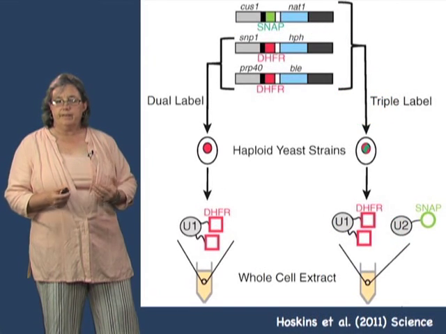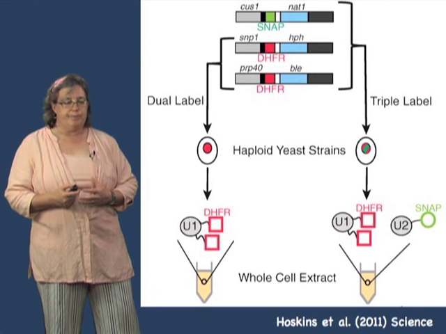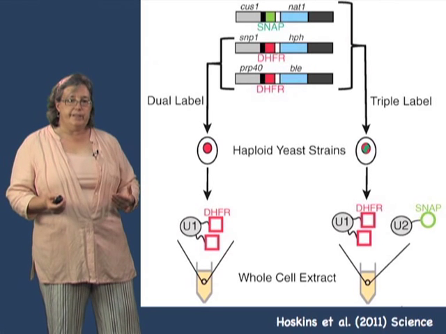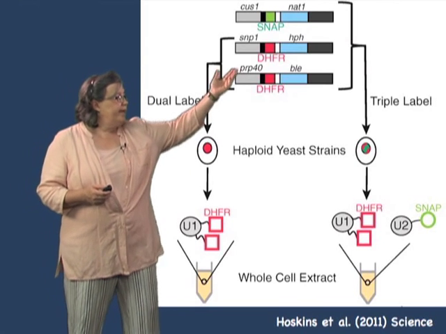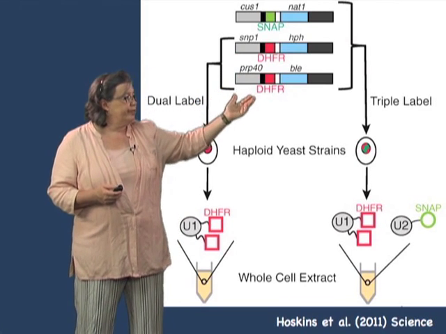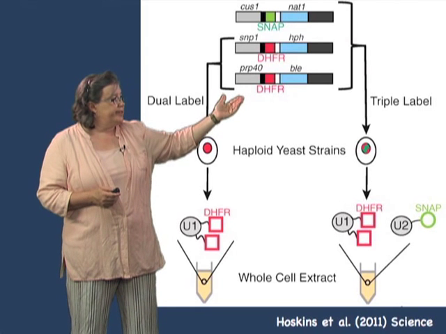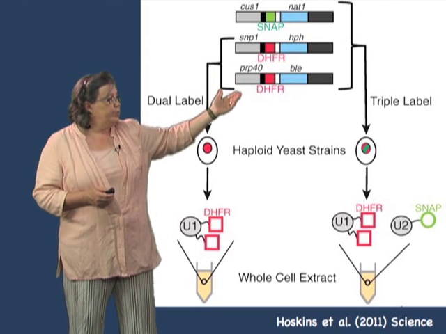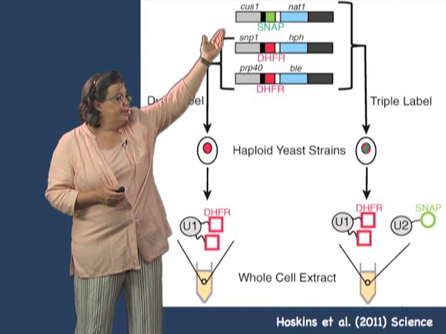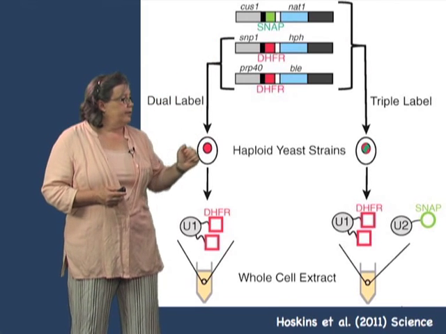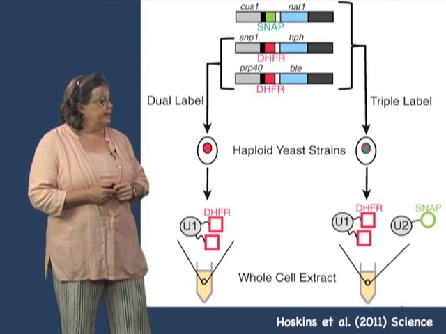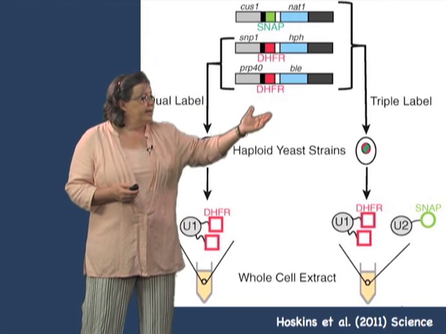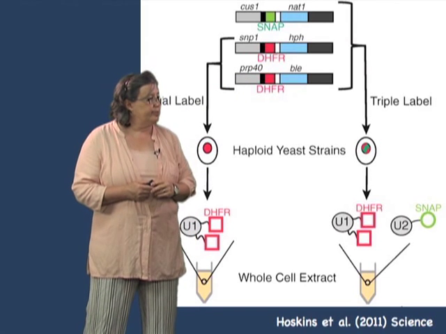So how do we get these tags on our SNRPs? The way that we do this is we're using the yeast system and we're using homologous recombination. So we make versions of different protein genes that we want to tag, in this case 2 U1 proteins and a U2 protein. We then place the tag of interest at the C-terminus of the gene for that protein, and then we have a selectable marker.